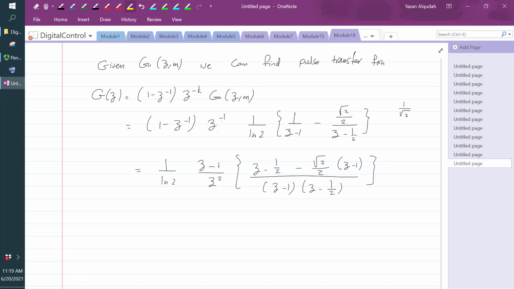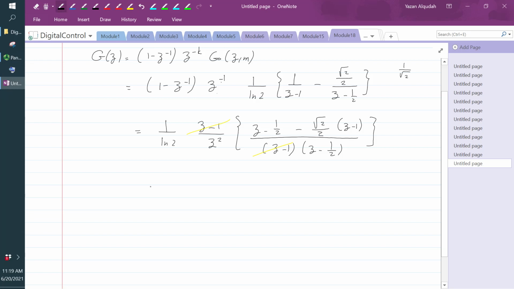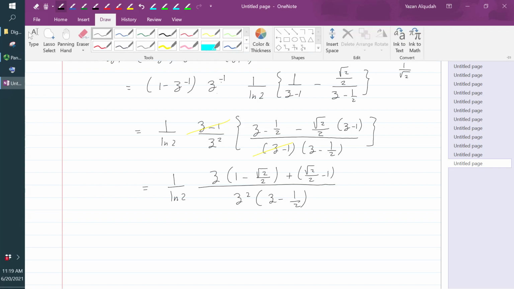I can cancel this with this, and this will simplify to 1 over natural log of 2, and then I'm going to have z multiplied by (1 - square root of 2 over 2) plus (square root of 2 over 2 - 1/2), just rearranging the terms in the numerator, and then I have z squared multiplied by (z - 1/2). So this is the result that we're seeking.